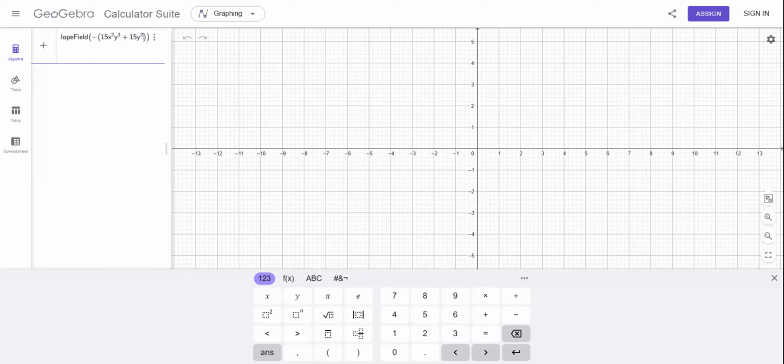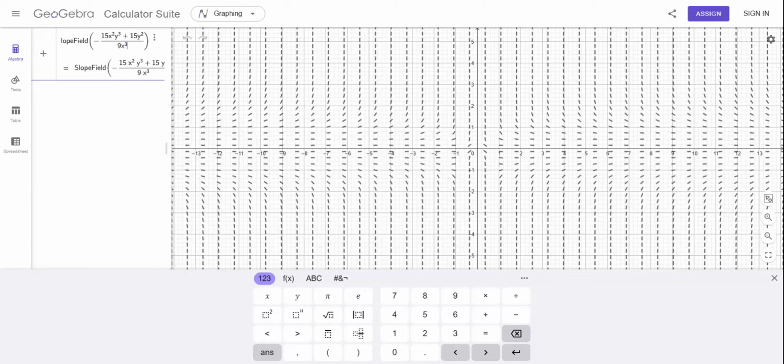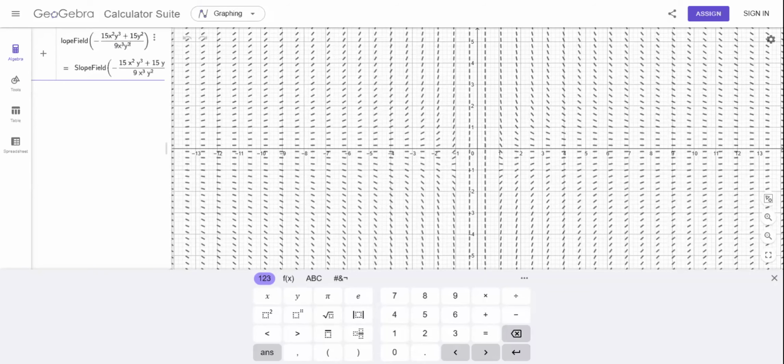That divided by, the thing in front of the dy was this other piece, 9x cubed y squared plus 10xy.